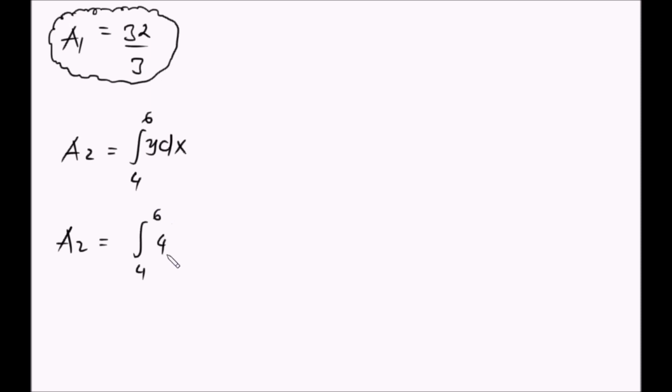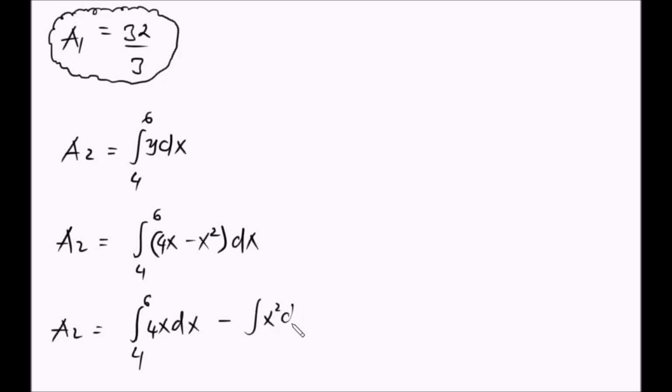Curve gani inaitwa 4x minus x squared dx. So nikiintegrate hiyo now. So by the way nilisema a2 itakuja negative. So let us see. So hii itakuwa ni 4x dx minus x squared dx.